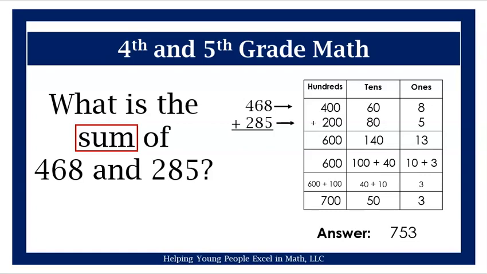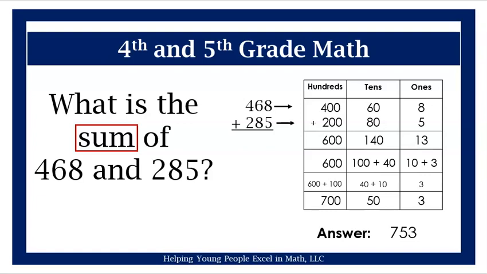So now let's look at each column to see what we should add. In our ones column, we just have the 3. For our tens column, we have 40, but also we have that 10 in the ones place. So we'll have 40 plus 10, that's equal to 50.